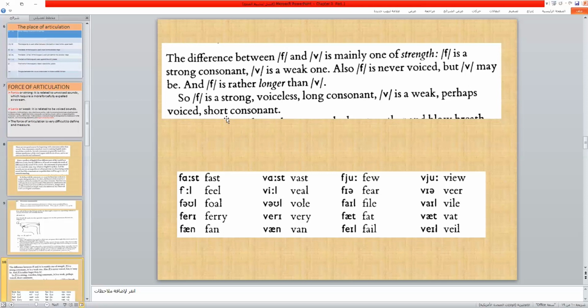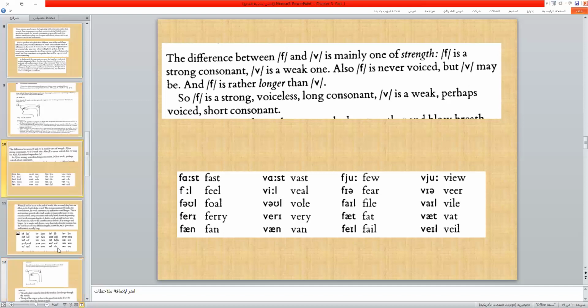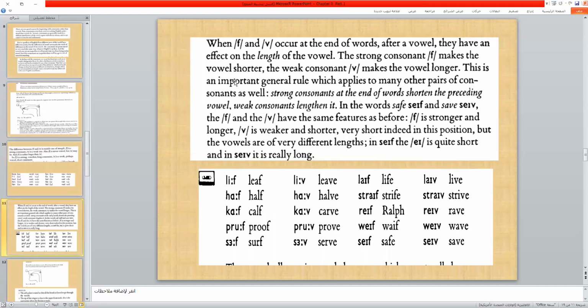We will see how this affects the length of vowels in the second slide. When f and v occur at the end of words after a vowel, they have an effect on the length of the vowel. The strong consonant makes the vowel shorter. The weak consonant makes the vowel longer.